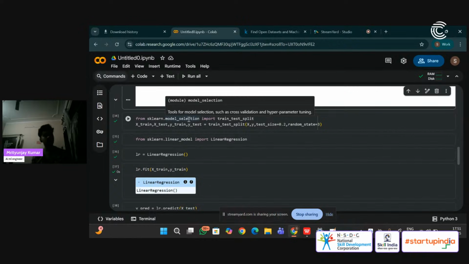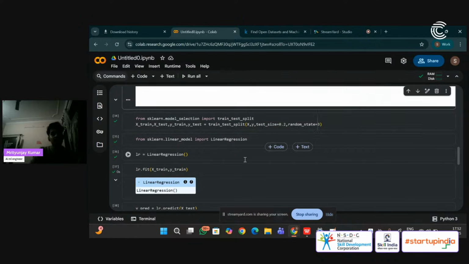We use most data points for training, but a small portion like 20%, sometimes 10% or 5%, for testing. We provide input data and check whether the model is predicting the correct value for the testing data. That's why we use train test split.